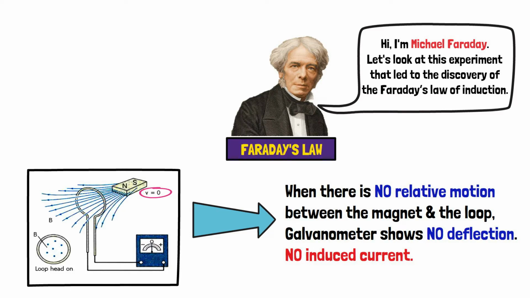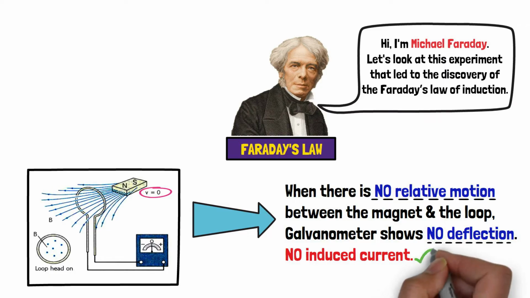So, when there is no relative motion between the magnet and the loop, we can see that the galvanometer shows no deflection. Bila tiada pergerakan jarum galvanometer itu ke kiri ataupun ke kanan, that means no induced current in the coil. Jadi tiada apa-apa pergerakan, so tiada induced current.